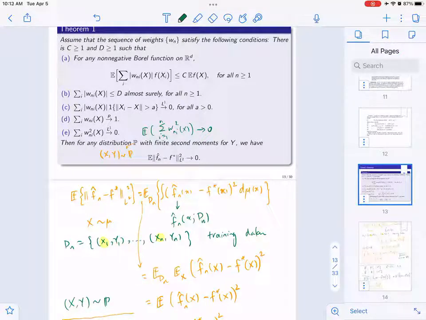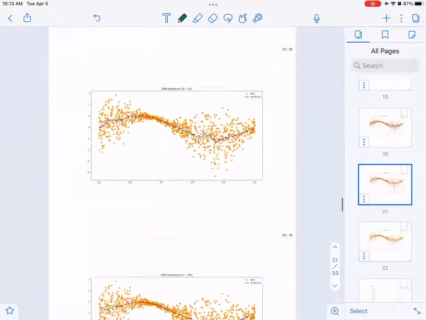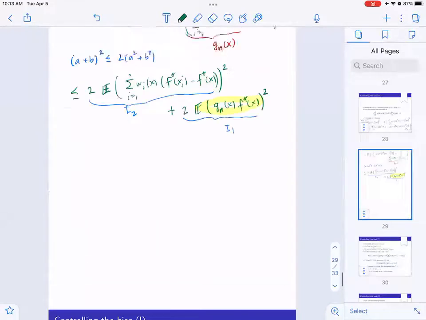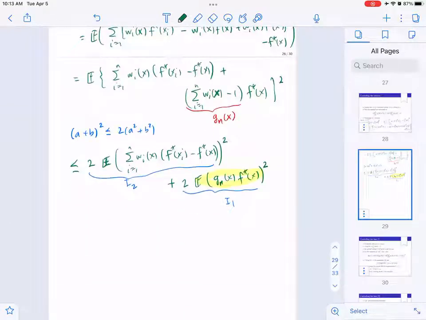And also recall this boundedness condition, which we're going to use. So going back all the way here, this G_n(x) is converging in probability to 0 by assumption, I believe A, B, C, D, probably D, one of them.